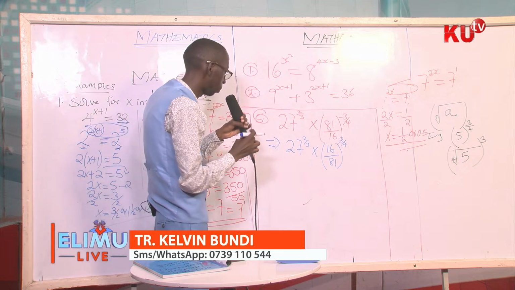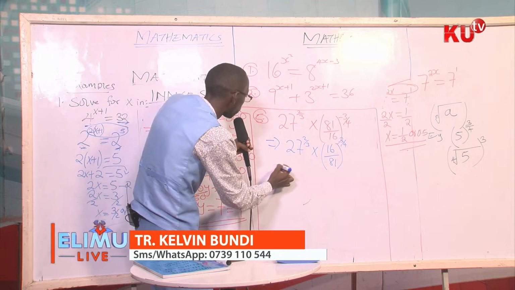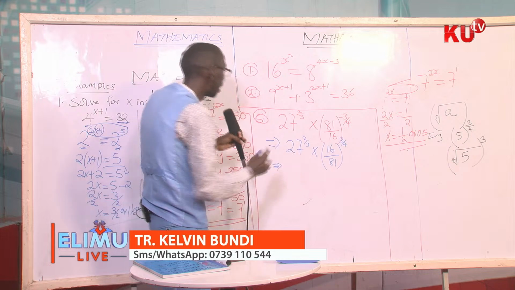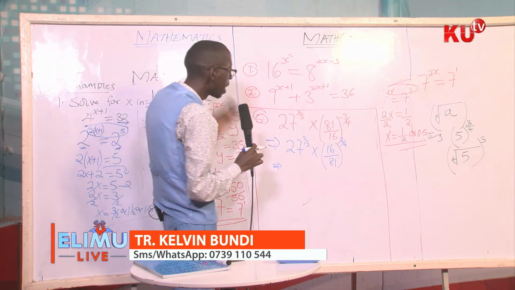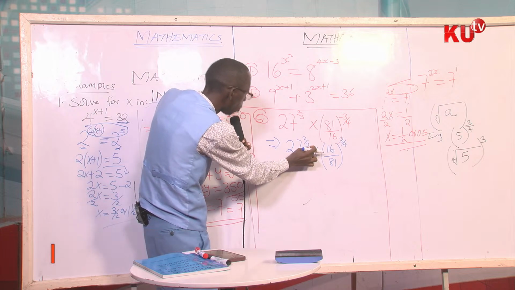Next step: 27 to power 2 over 3 is the same as the cube root.